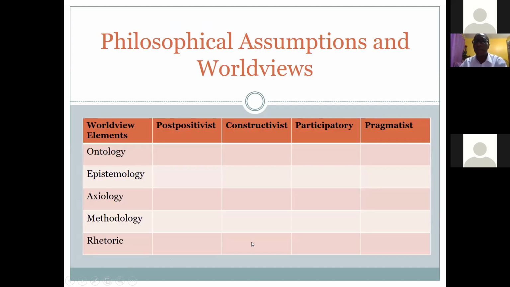I thought of bringing back this matrix just to remind you of the conversations that we've been having over the past few weeks. If you remember, for the last few weeks, or at least 3 weeks, we spent some time focusing on the post-positivist realm, right?